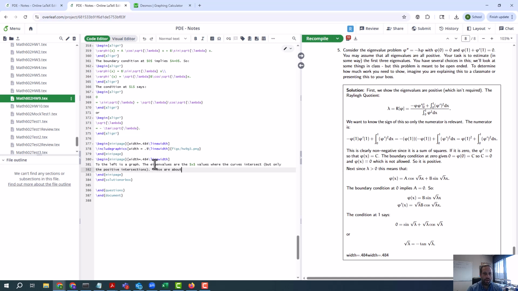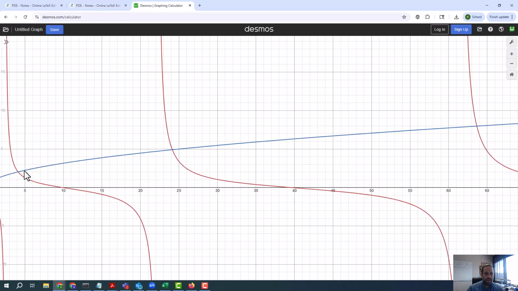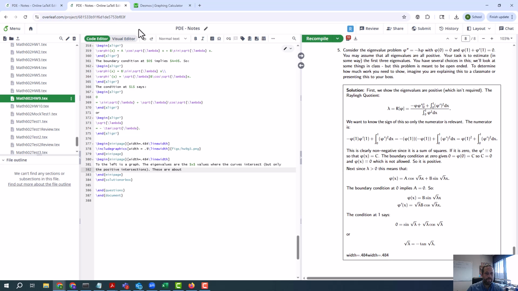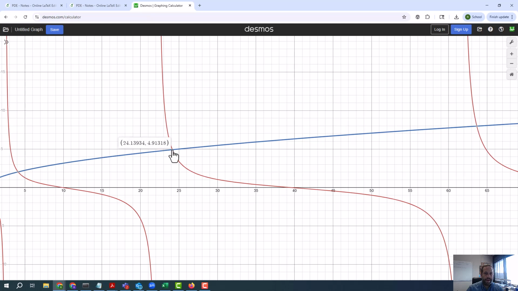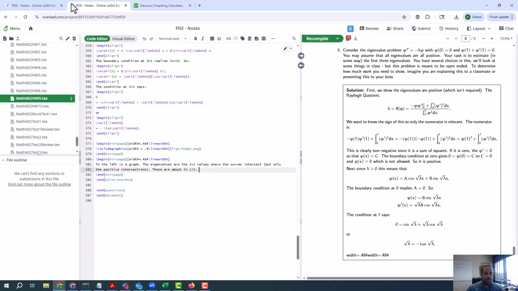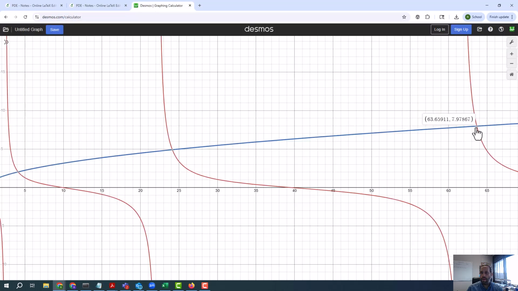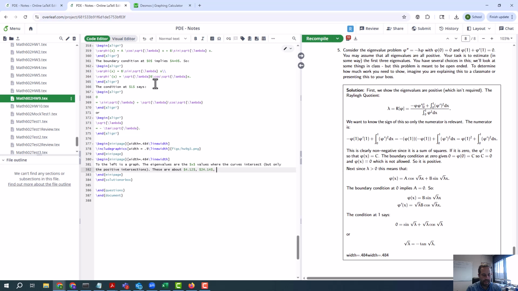These are about, what was it again? This here is 4.12, 24.14, and 63.66.